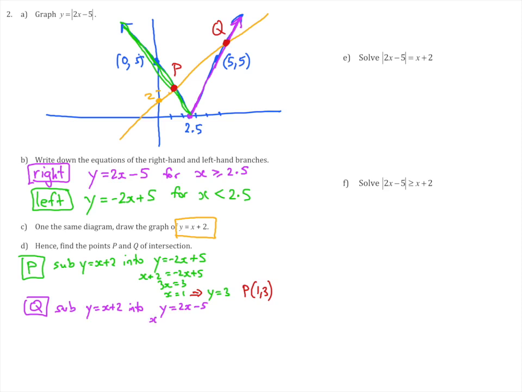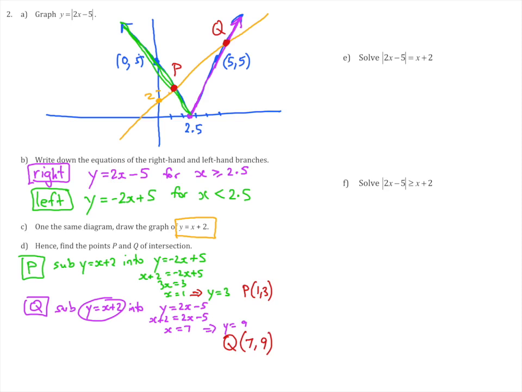So I get x plus 2 equals 2x take 5. Rearrange that, and I get x equals 7. And if x equals 7, plugging that back in, 7 plus 2 is 9, y equals 9. So the point Q is the point 7, 9. So I found P and Q.